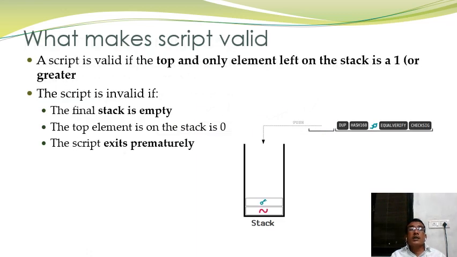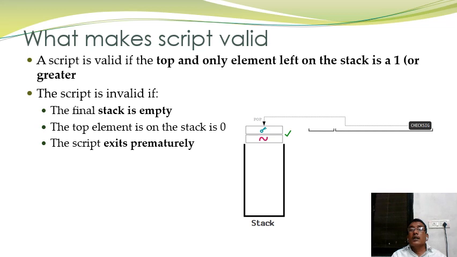So what makes the script valid? A script is valid if the top and only element left on the stack is 1 or greater. If there is only one element left on the stack which has a value of 1 or greater, then that script is said to be a valid script.